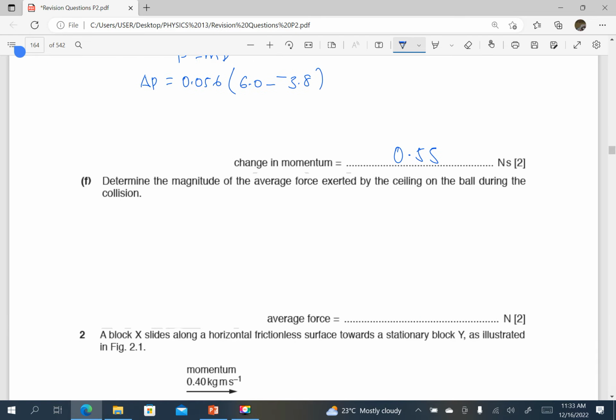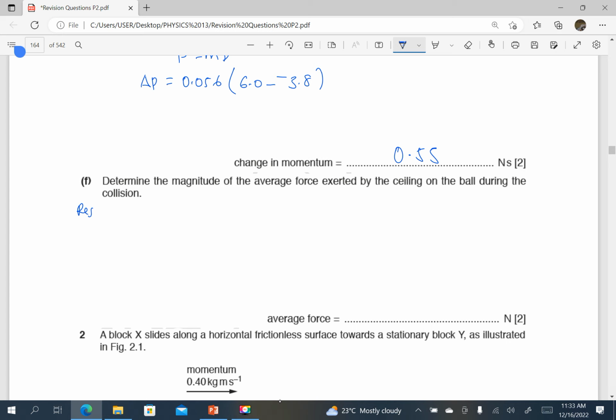Determine the magnitude of the average force exerted by the ceiling on the ball during the collision. First of all, we can find the resultant force on the ball when it collides with the ceiling. The resultant force is given by the rate of change of momentum, in accordance to Newton's second law.